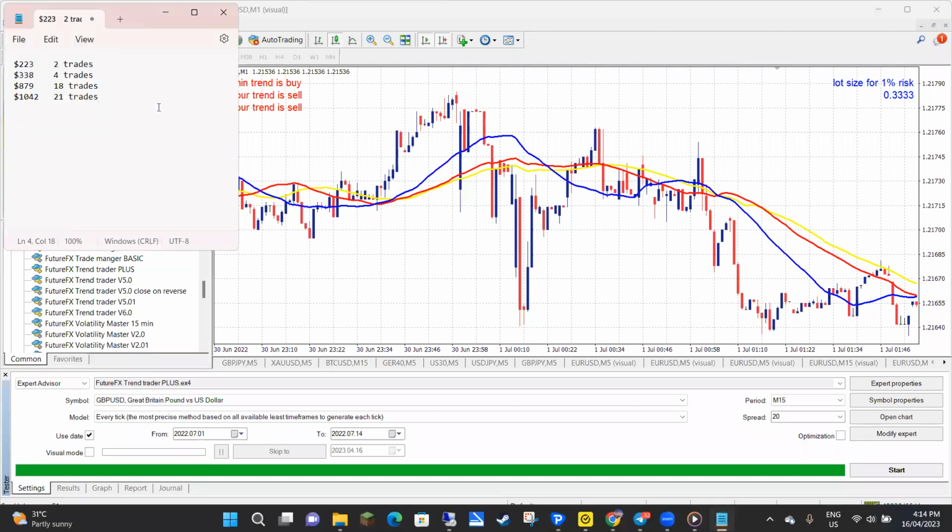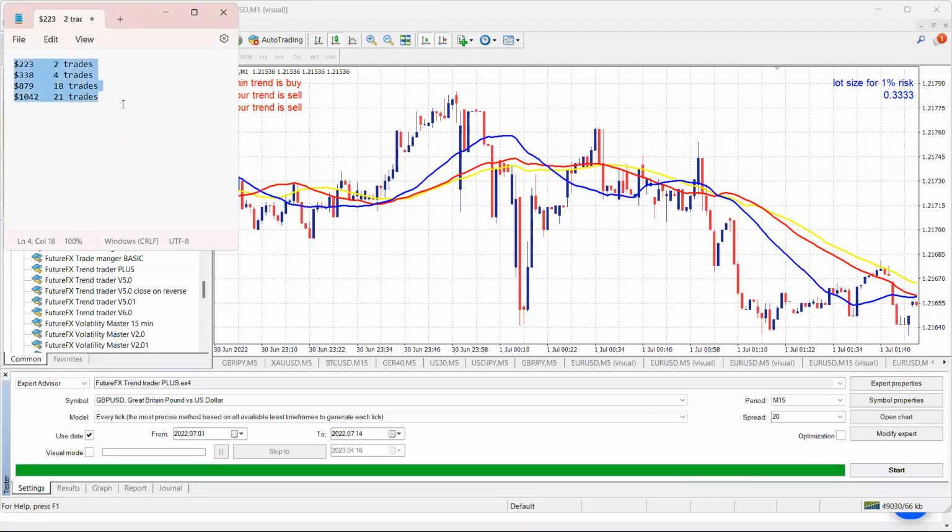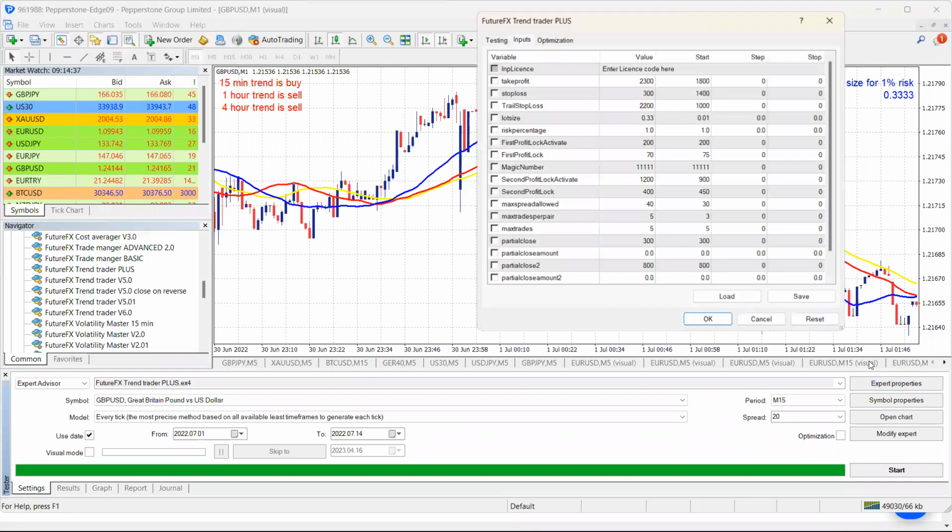Okay, I won't keep going here for too much longer, guys, but I will just keep a track of this. So the current version of the software made $156 in that 2-week period. Now, let's see. We've got it up to max trades at 5.